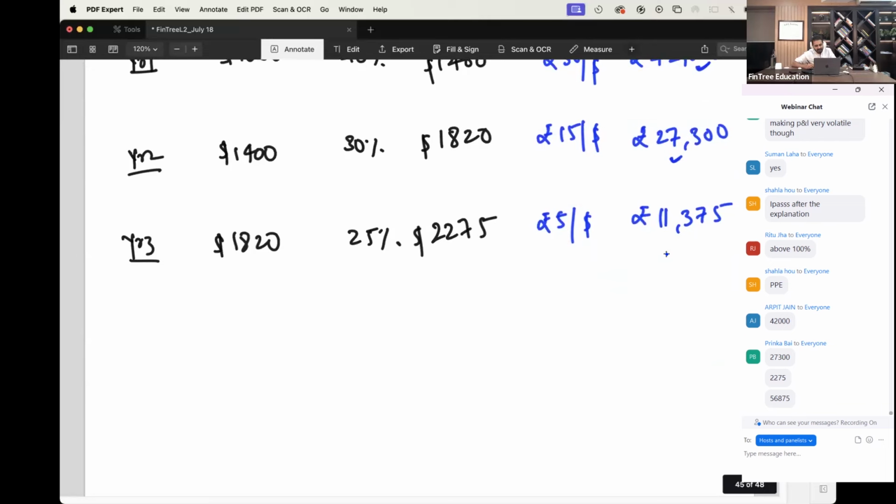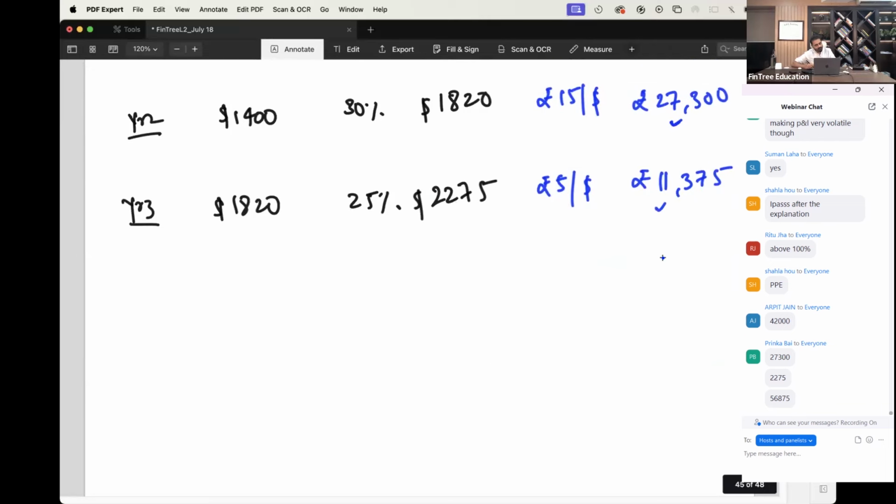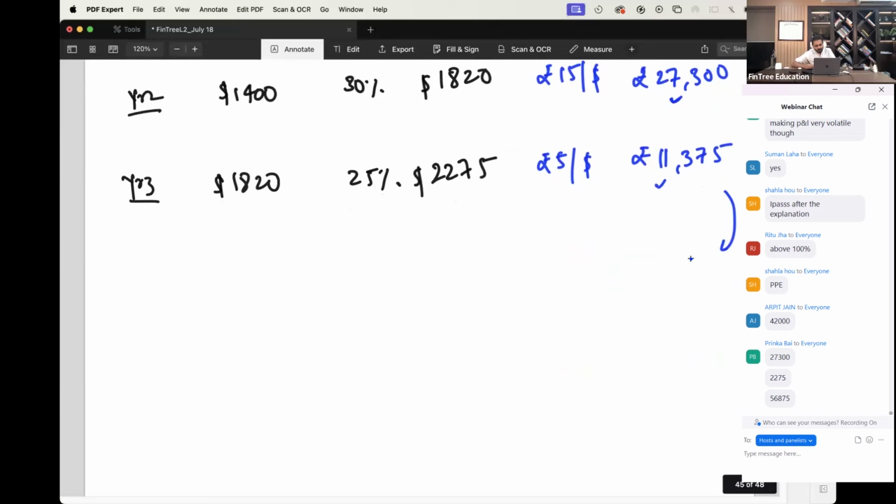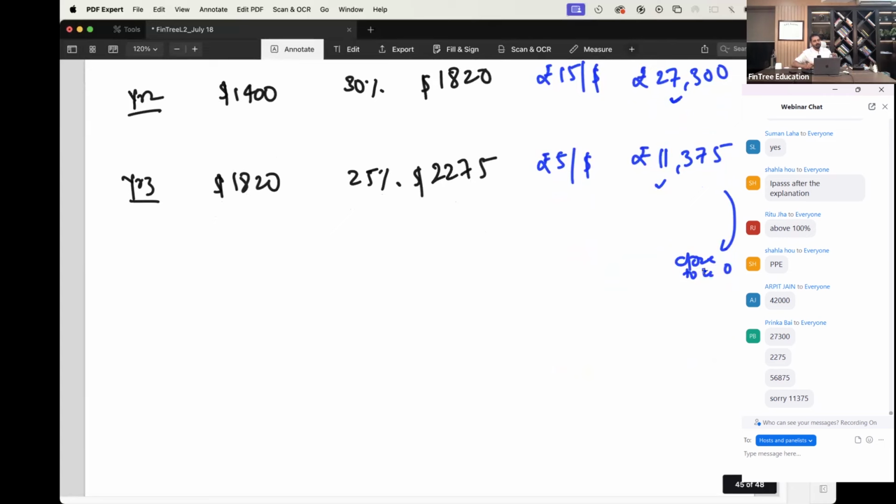But next year you see 11,375, and if this happens one more year, very soon the value will get closer to 0. So low that it doesn't make sense to report it separately, just club it into something. Your plant just disappeared from the balance sheet, but the plant is still there. That is your disappearing plant problem. This happens under IFRS if the currency depreciates faster than the inflation that we are experiencing.